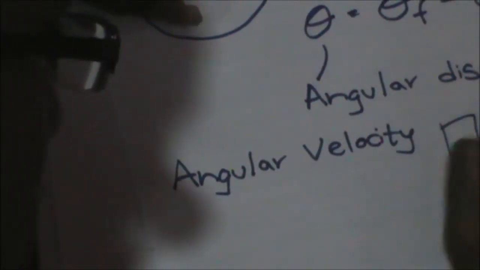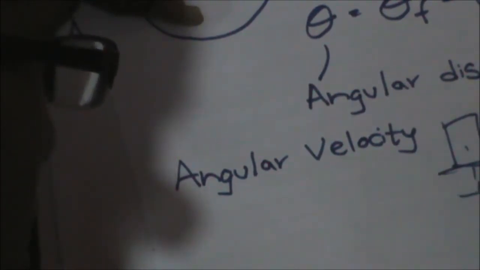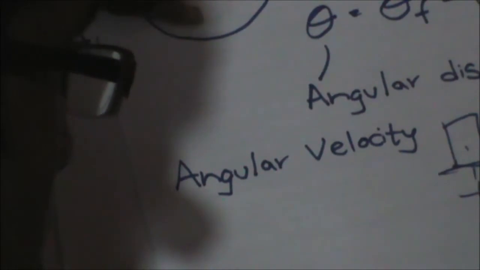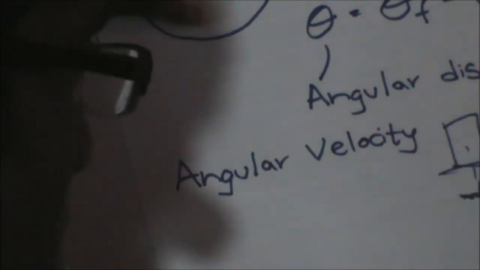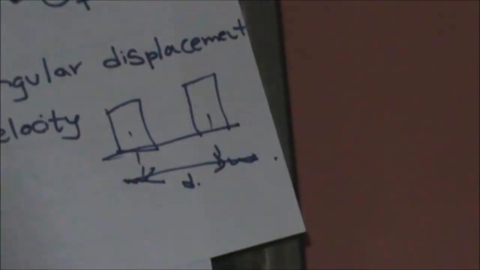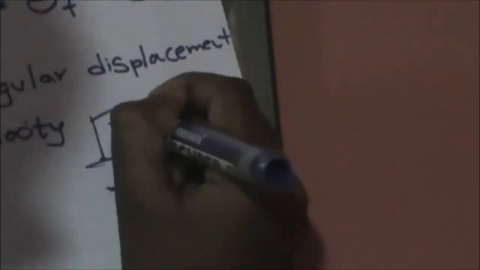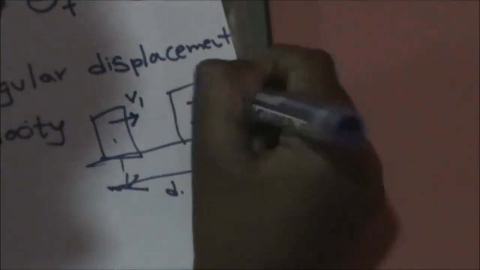If the object is going from this position to this position, this is D, and V1, V2, maybe V2 is greater than V1, or less than V1, or equal to V1.